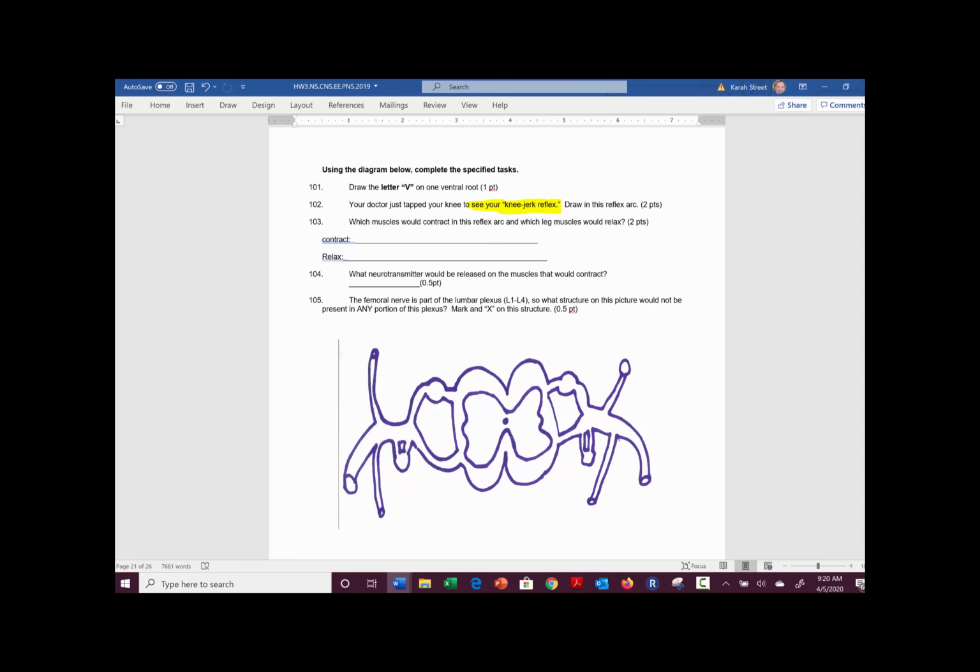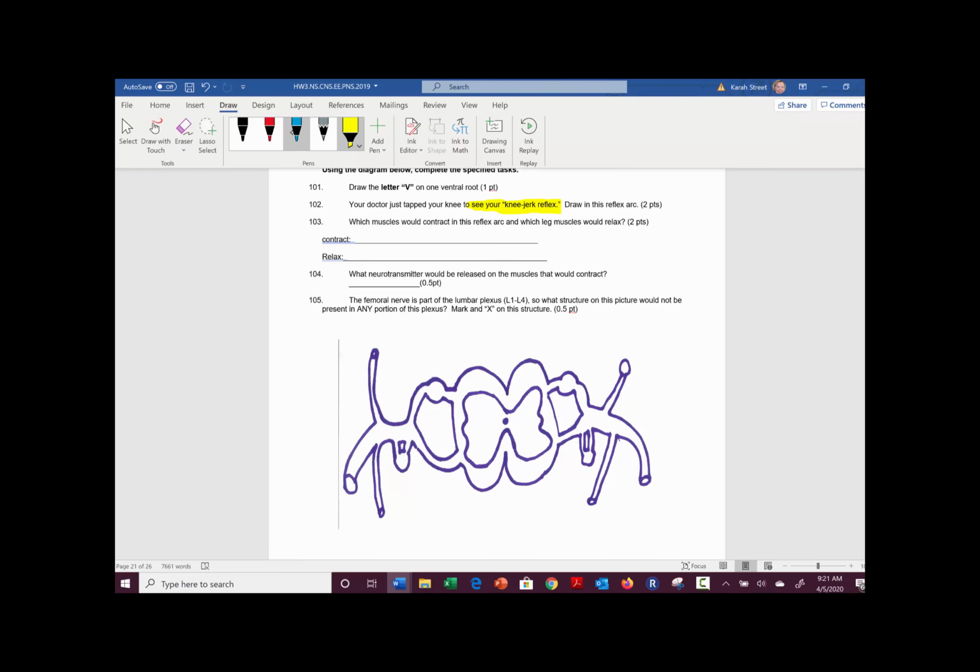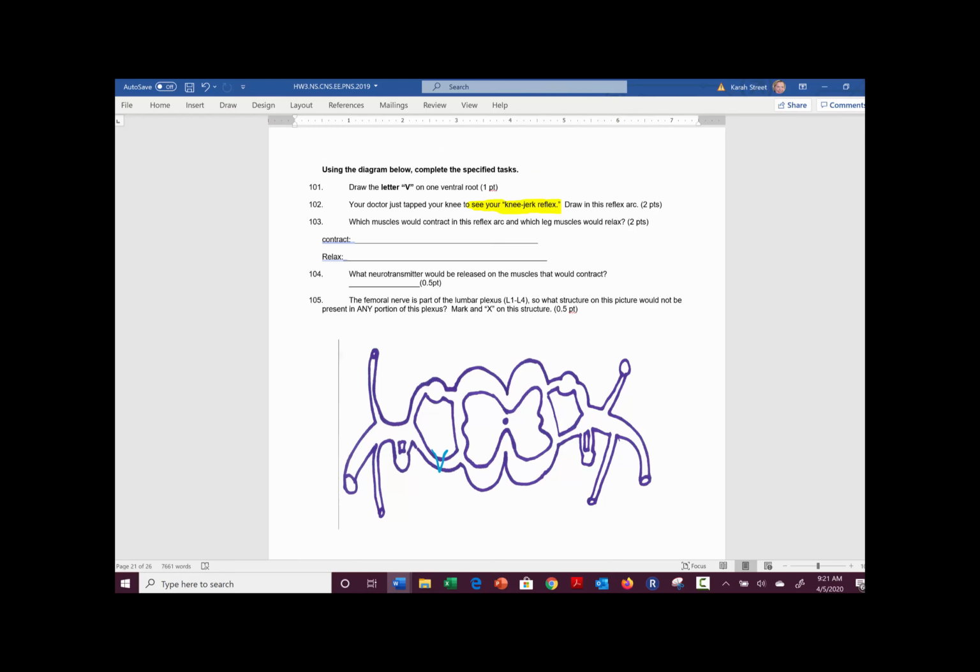And it is considered to be monosynaptic, even though when we actually draw it, it looks a little false, but that's one of its characteristics. So the first thing we're asked to do is draw a V on a ventral root. Well, this is a ventral root. Okay, so we did that.